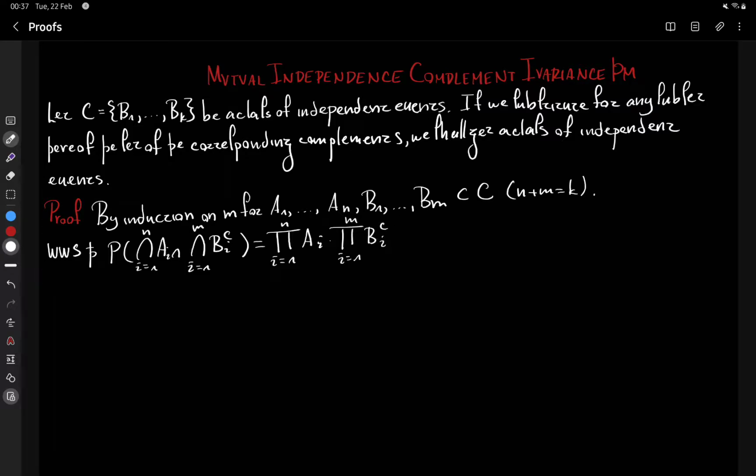Now, essentially we need to verify two claims. One, we need to show that they are mutually independent, meaning we make an arbitrary choice for k or m plus 1. And then within this arbitrary choice, we make an arbitrary choice of k, the total sum of the split of A's and B's.